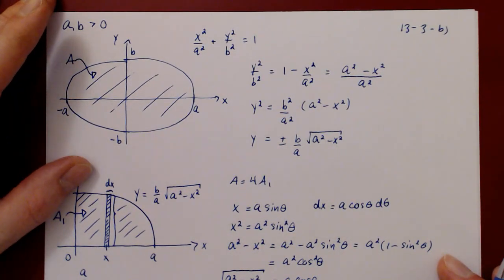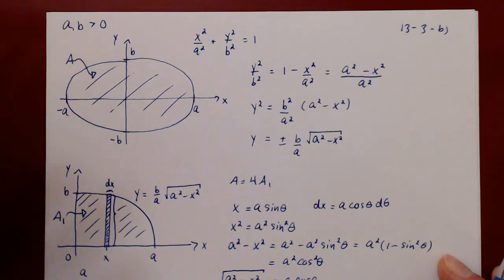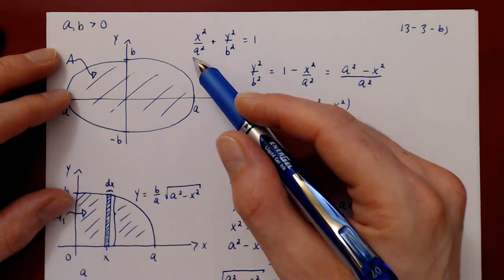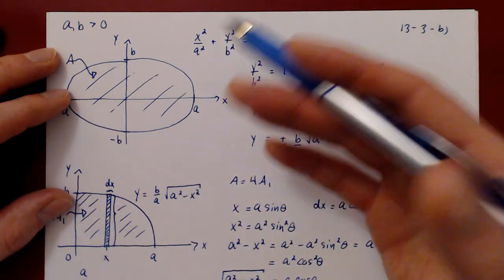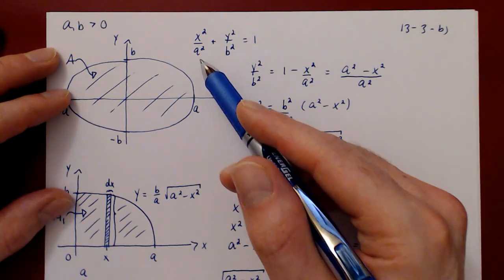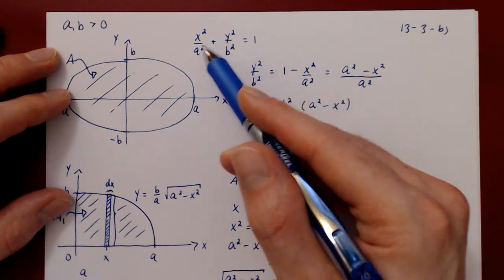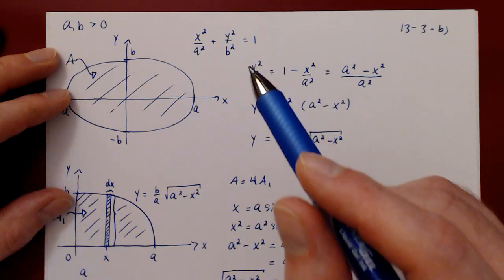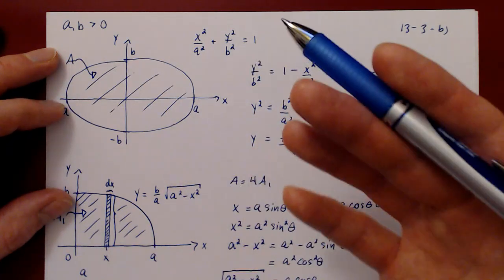And it is consistent with the special case of a circle of radius r. As we said in the beginning, if a and b are equal to r, then this is r squared, multiply across, you have the equation of a circle of radius r, the area of which is pi r squared.